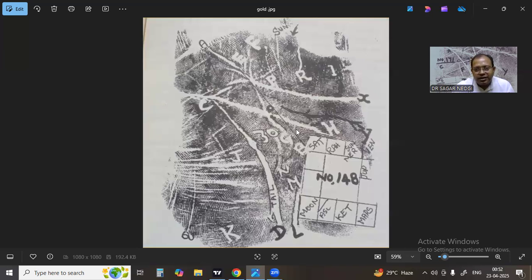So Mars having Rahu in its 8th sign is shown here. Next, Mars and Saturn are connecting at point O. So HO and GO, these two lines connect at O. So the native has Saturn and Mars aspecting each other in the natal chart.